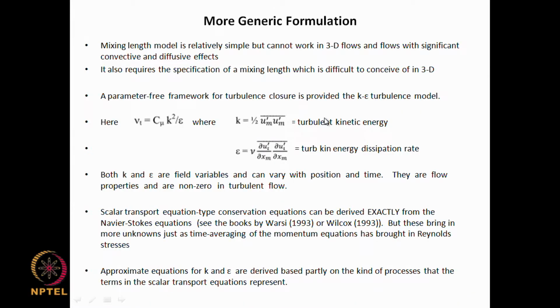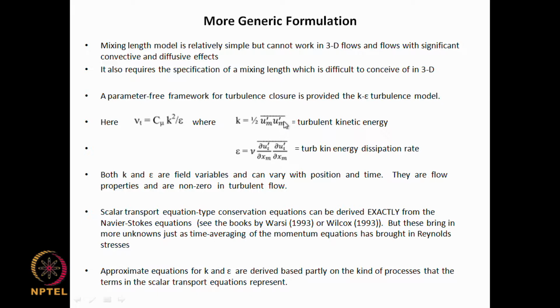k, the turbulent kinetic energy, is defined as half u_m prime u_m prime, time averaged. This is a term in which index m is repeating, so it is actually a sum of u prime square bar plus v prime square bar plus w prime square bar.